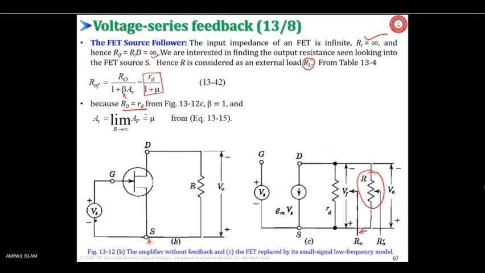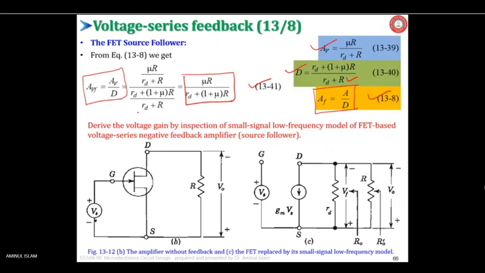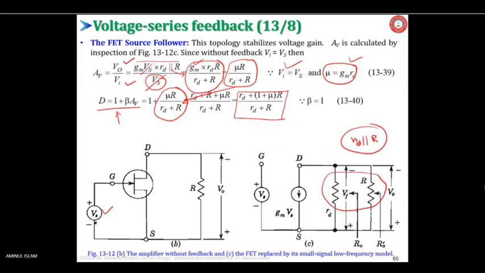So RO equals RD, and beta equals 1. Putting this value, you get ROF, the output resistance with feedback, as RD by 1 plus mu. Now you might know what is mu. Here we have defined mu equals GMRD.